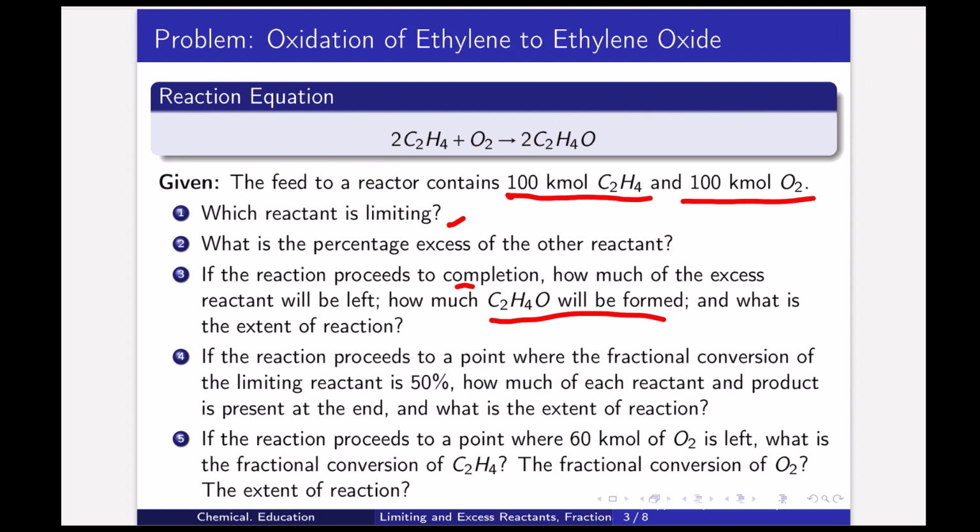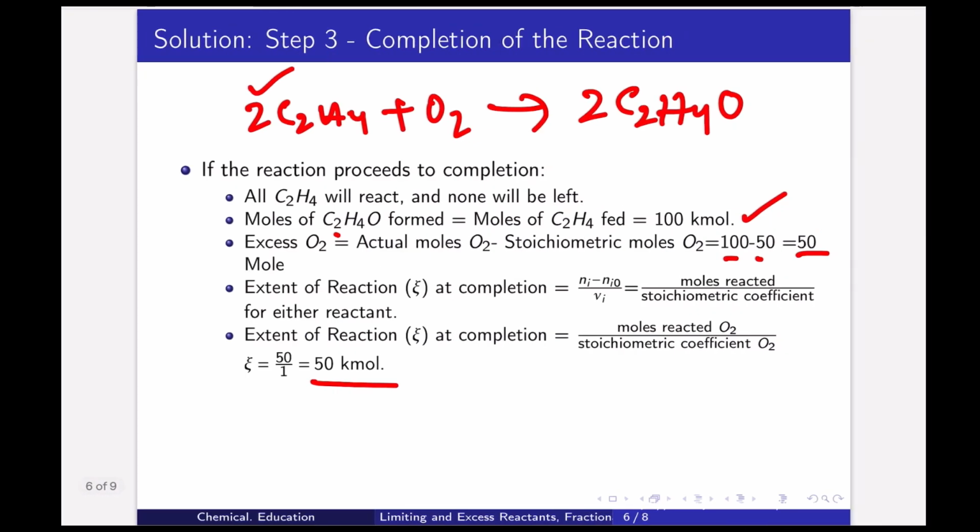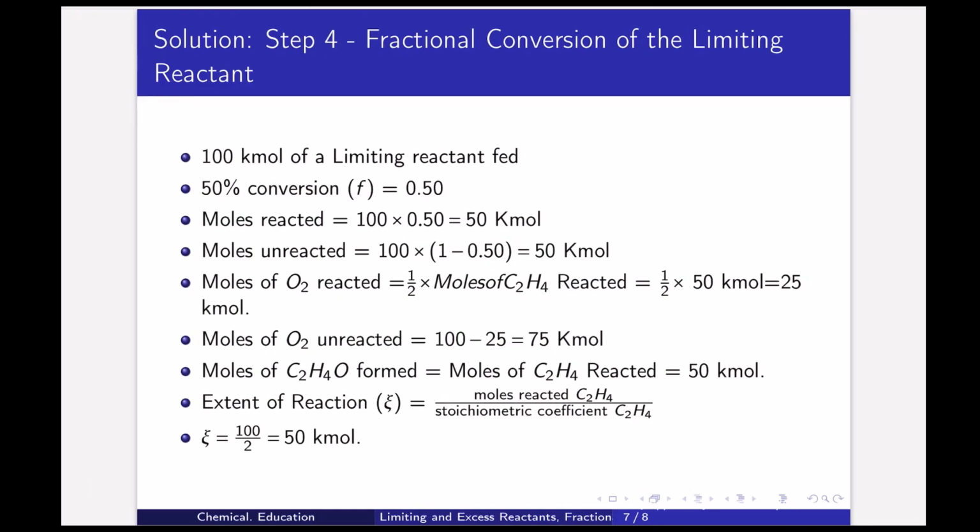Now if the reaction proceeds to a point where the fractional conversion of the limiting reactant is 50%, how much of each reactant and product is present at the end, and what is the extent of reaction? For 100 kilomole of limiting reactant feed and 50% conversion, f is 0.5. So moles reacted is 100 times 0.5, that is 50 kilomole. Moles unreacted is 100 times (1 minus 0.5), so 50 kilomoles.